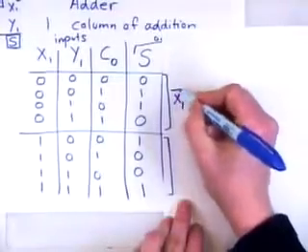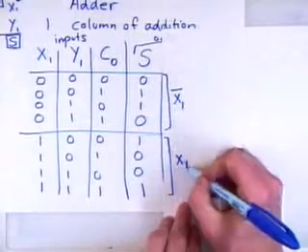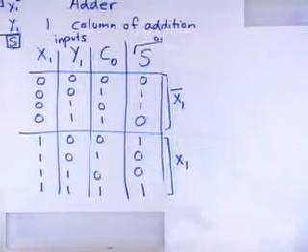So let me show you on the sum bit from the adder how we would do that, because I think it's useful to know. So in this case, let's suppose that we're going to split the sum bit up into 2 cases. The first one where x1 is false, and the second one where x1 is true. So the first half of the table has x1 false, and the second half has x1 true.